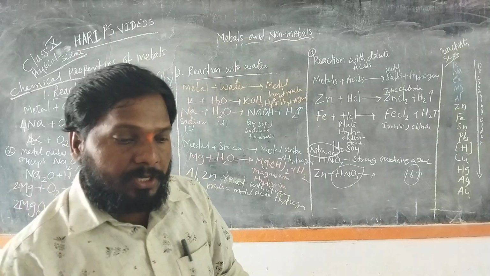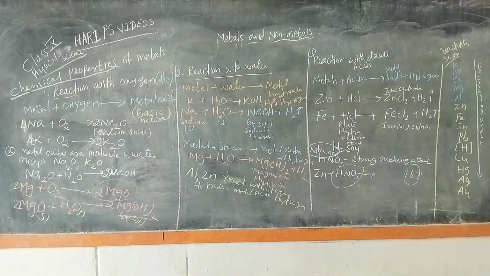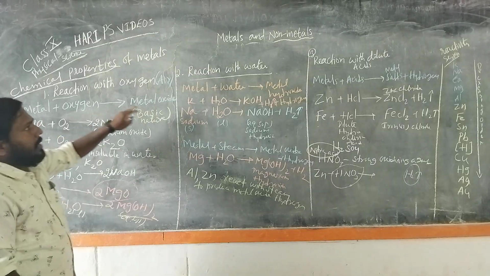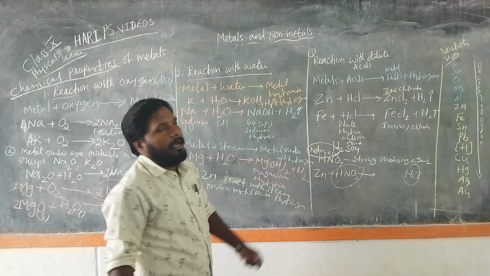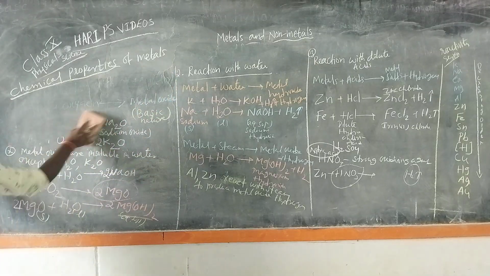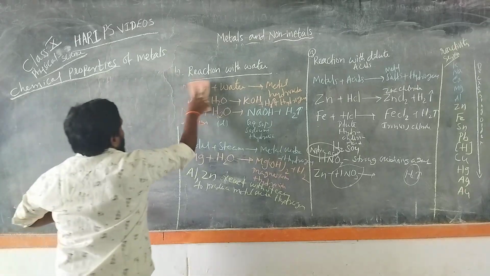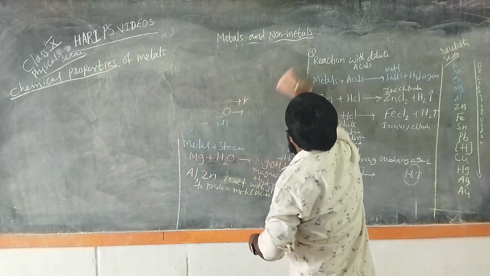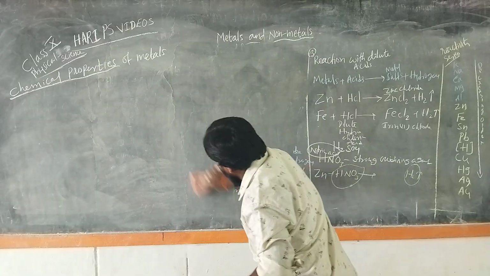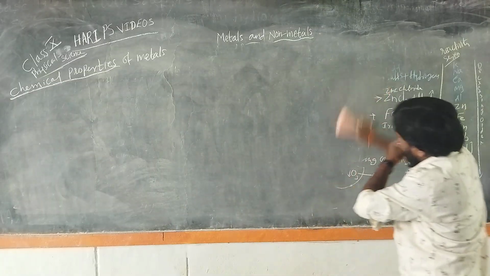So we have reaction with oxygen, reaction with water, reaction with dilute acids, then reaction with salts. What happens if metals react with chemical salts?